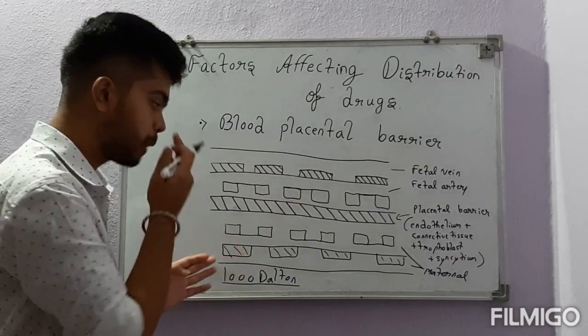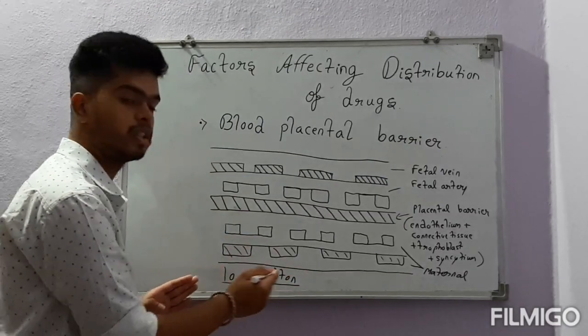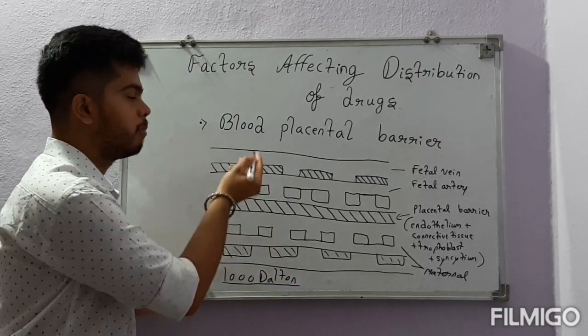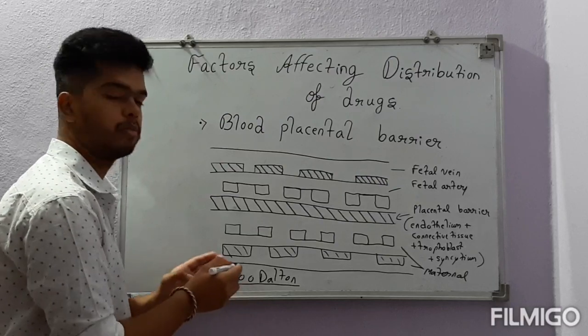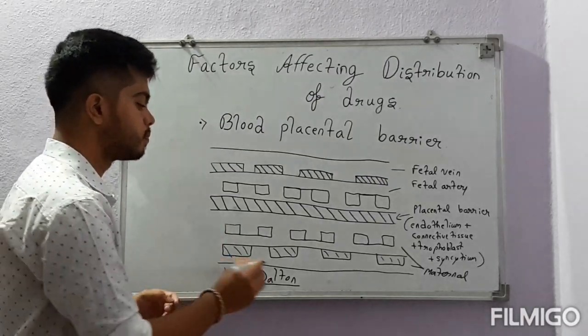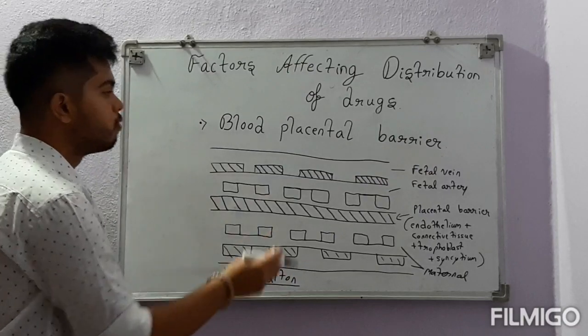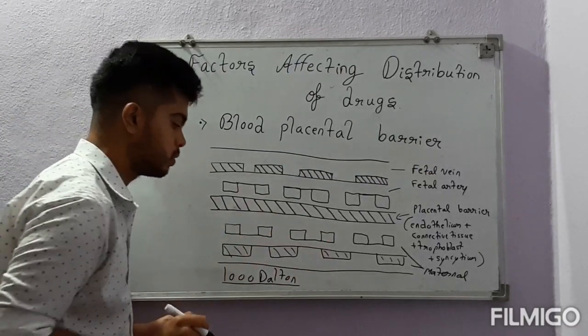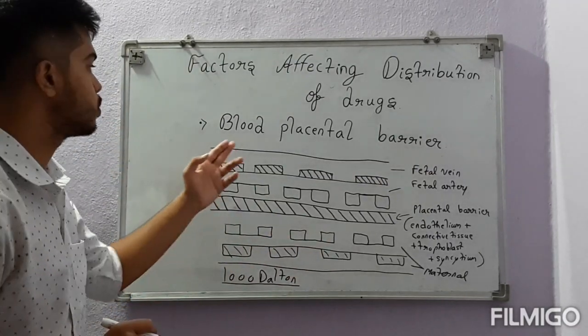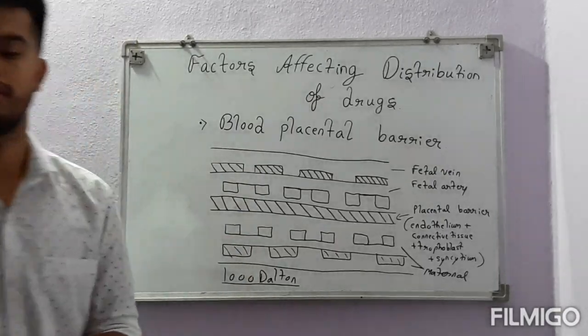So it's very crucial to know which drug can easily cross the blood placental barrier while administering a drug to a woman who is pregnant. I think you got the blood placental barrier.